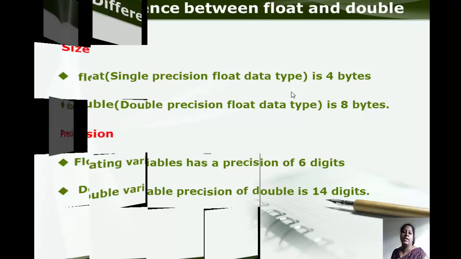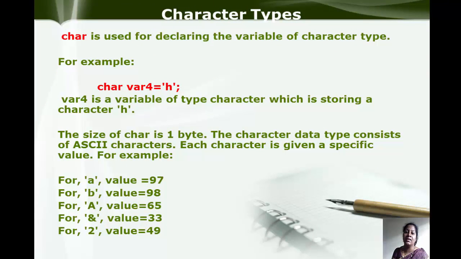The next data type we'll be discussing is the character data type. The keyword that you use is char, and this is used for declaring a variable of character type. For example, I have a variable here called var4, which is of the type char, and this stores a value of h.